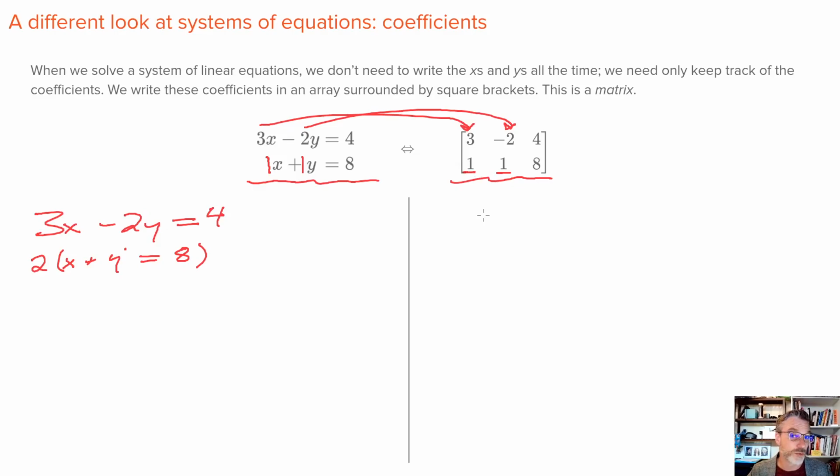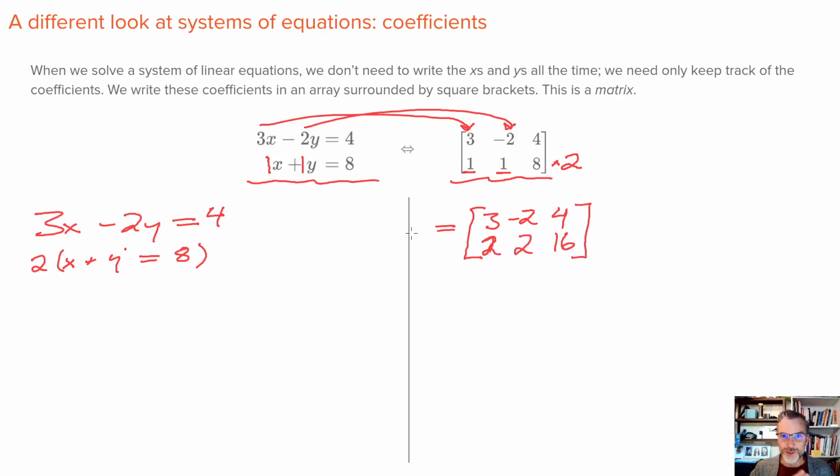Now, rather than deal with the equations, all I need to do is deal with the coefficients. So, for example, I could multiply the second row by 2 and not touch the first row. Multiply everything by 2 in that row, like this.